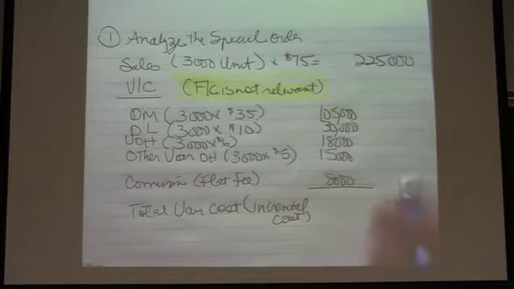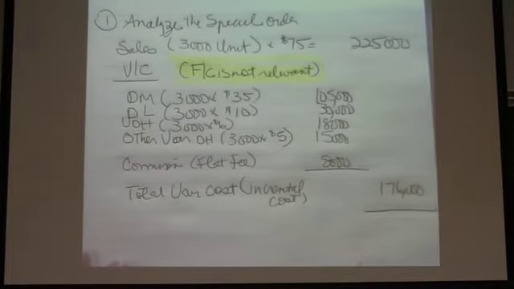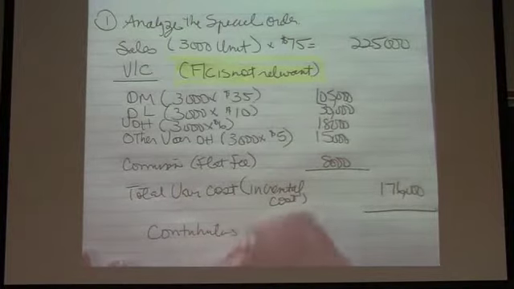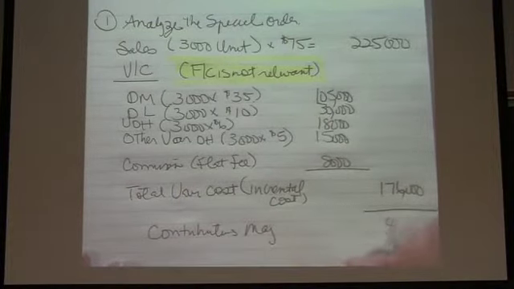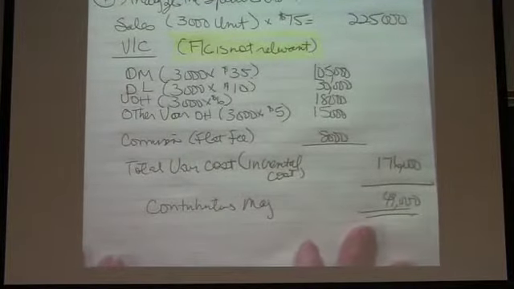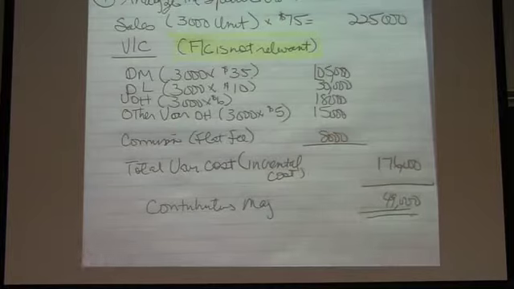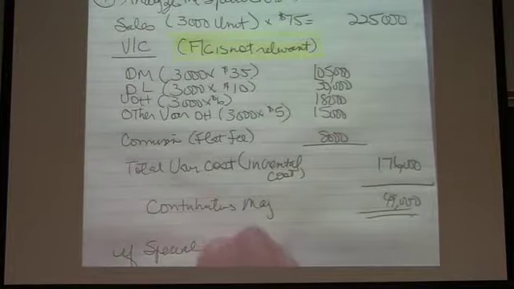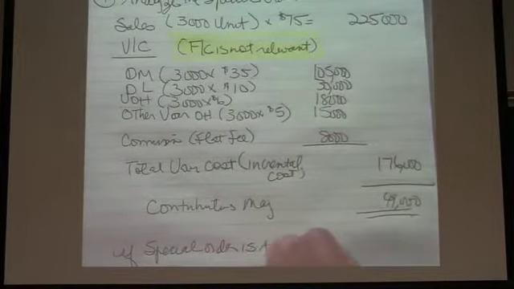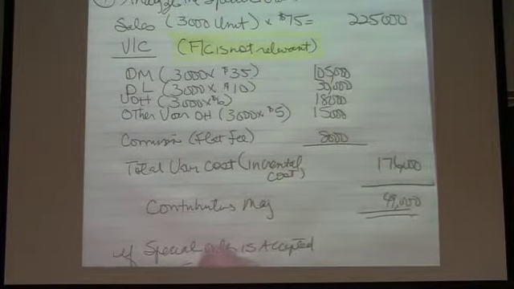If we compare it to the 225, contribution margin increases by 49,000. So based on that, we should accept the special order. If the special order is accepted, then the net income would be 800,000 plus 49.